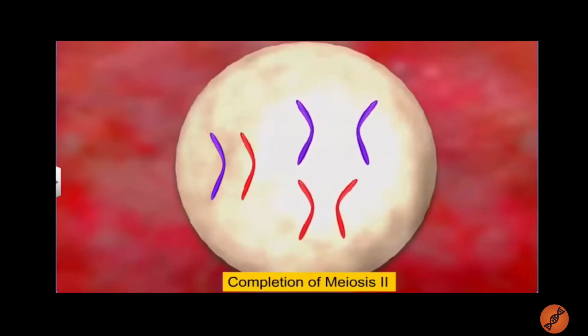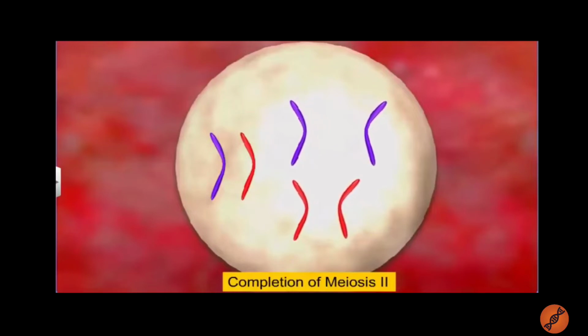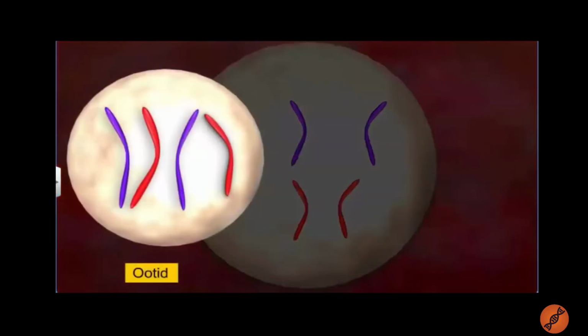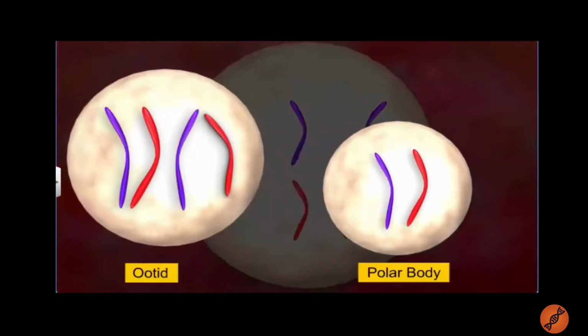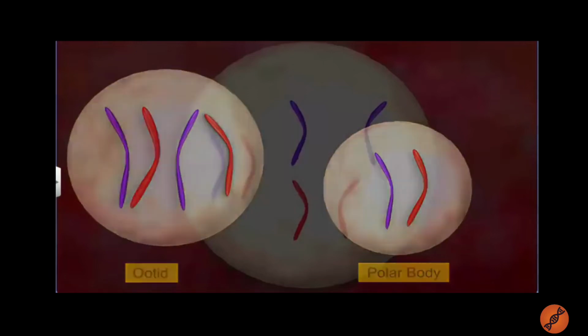However, this division being unequal results in the formation of two unequal bodies, a haploid ovum called oocyte and a second polar body.